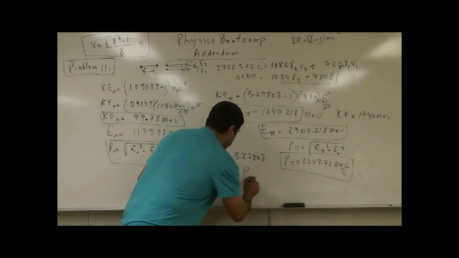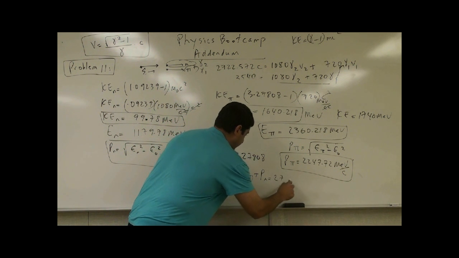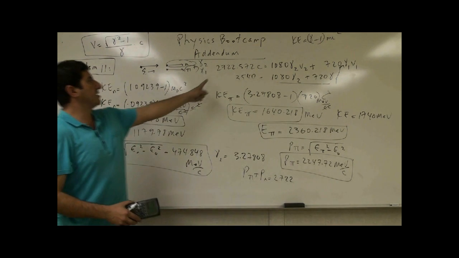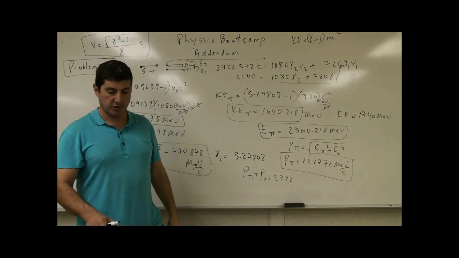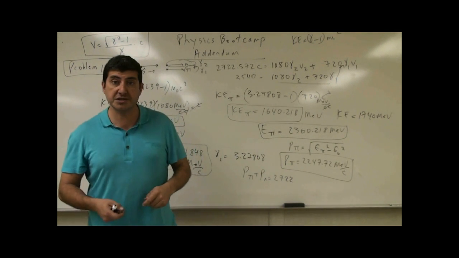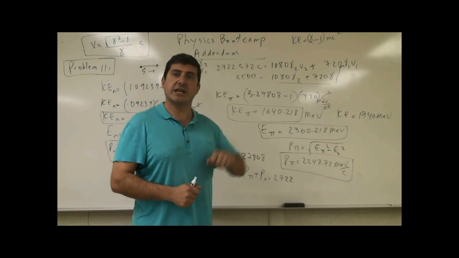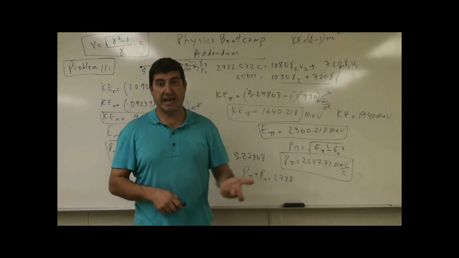So the total momentum of the pion plus the total momentum of the neutron is 2722. And remember, that was the original momentum of the incoming sigma, 2722. So quite a bit of calculations, a lot of things to keep track of, and it's pretty different than the regular elastic collision type problem in mechanics, okay?